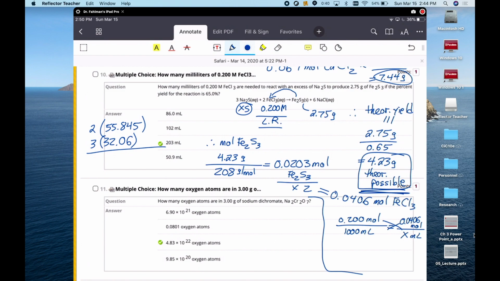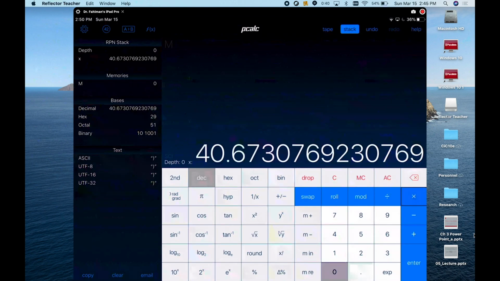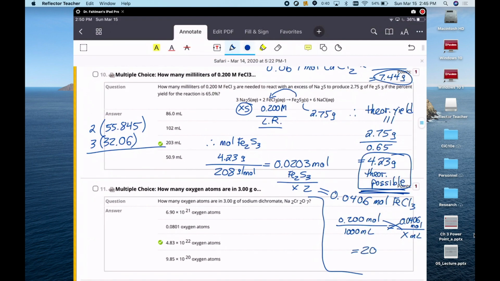It's really 0.0406 times 1,000 divided by 0.2, which is 203.4, so 203 mL. A kind of tricky question, just realizing that that's how many grams are theoretically possible. So that's what we use to calculate the question.